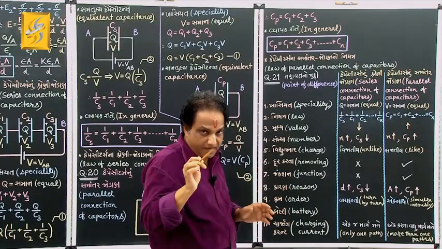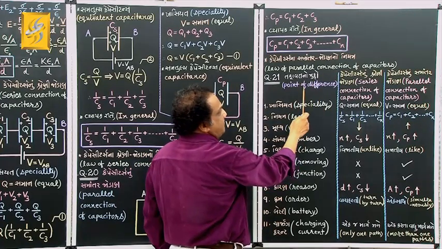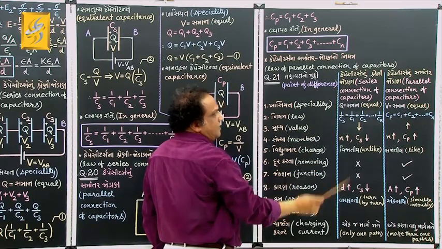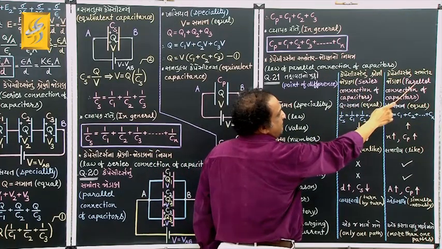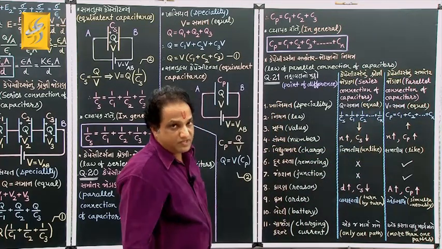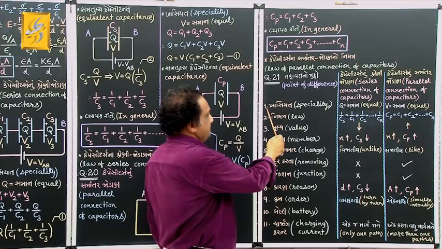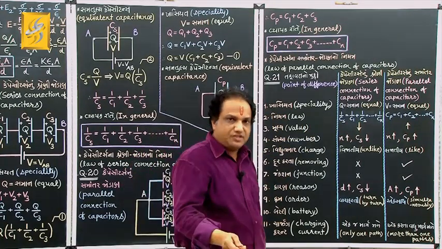Please take interest. Look, point of difference I will write here, and here I will write for series connection of capacitors, and here for parallel connection of capacitors. Let us see one by one. First point, speciality. What is the speciality of series connection of capacitors?